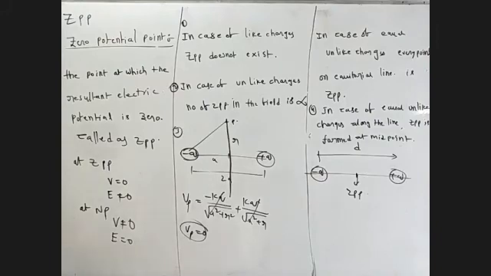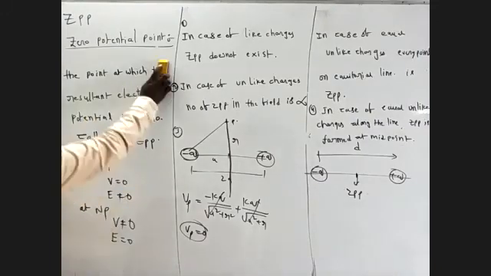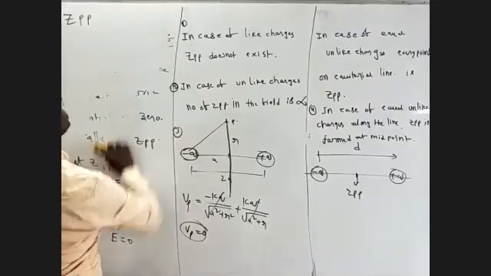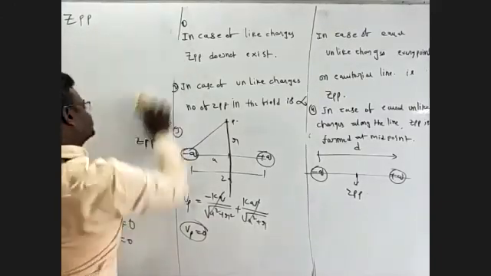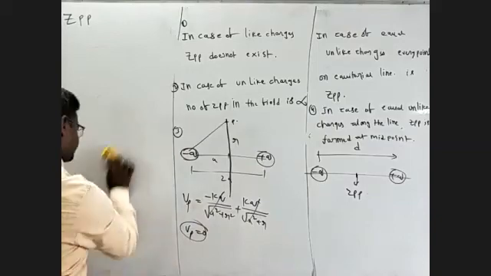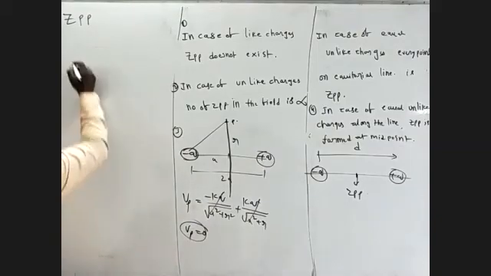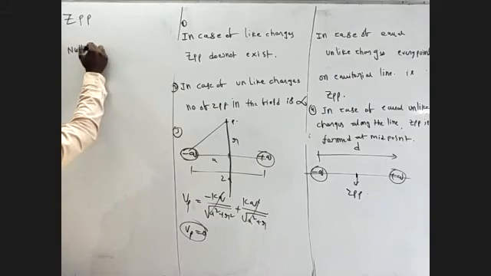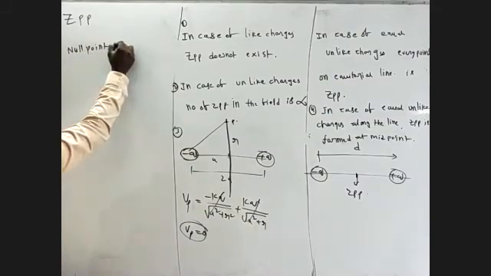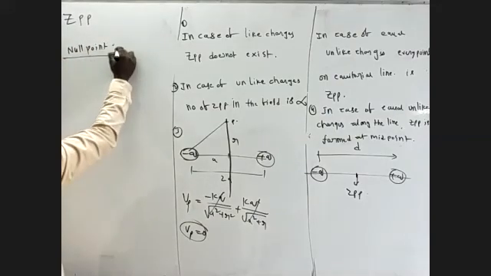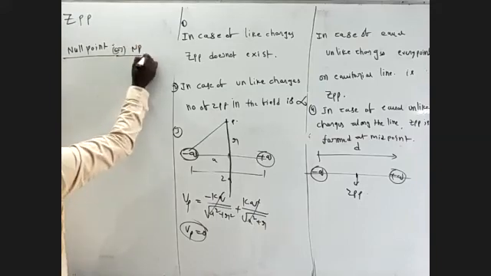Next one is the neutral point, also called the null point.